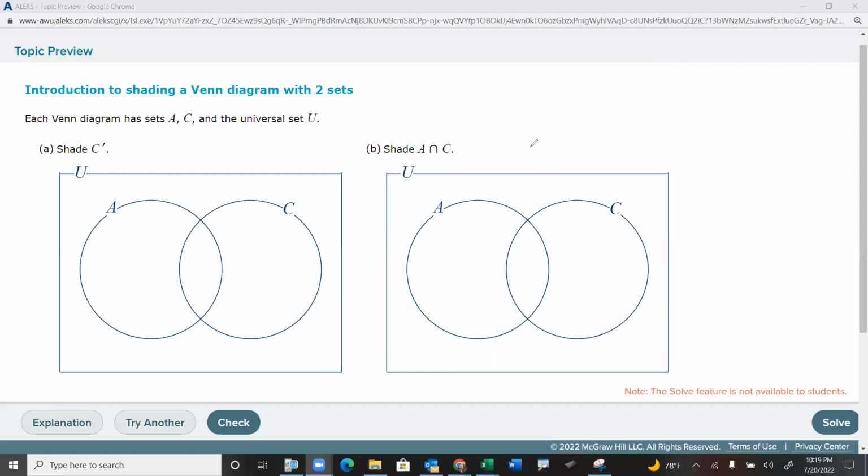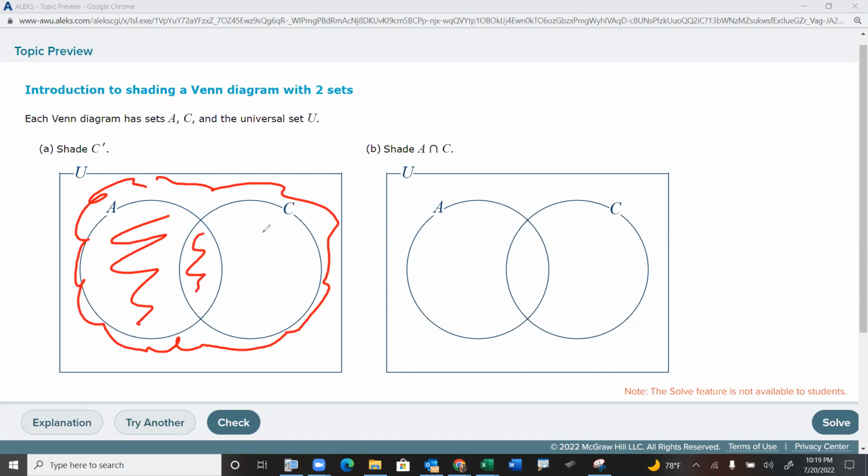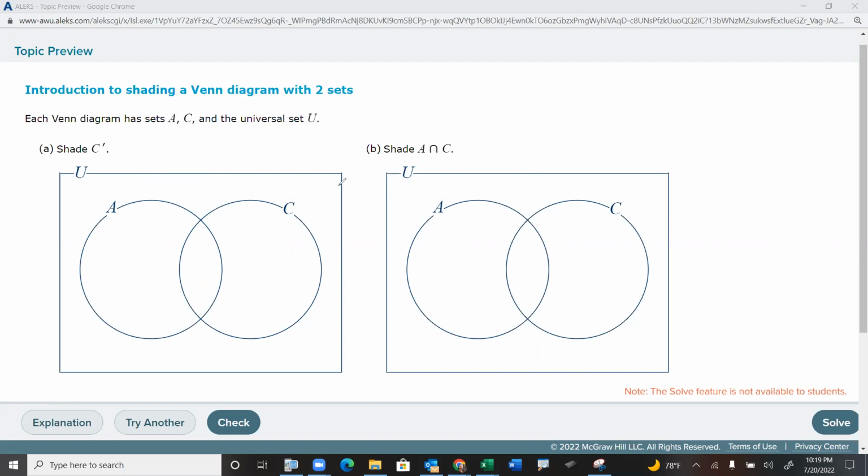Now we're going to explore shading Venn diagrams properly. No numbers involved, just shading the correct region. We've got this outer region here, and then this region and this region and this region. When you've got only two sets, like A and C, you get 4 regions. When you have 3 sets, there are 8 regions, and so on.